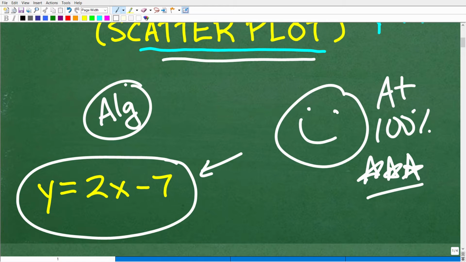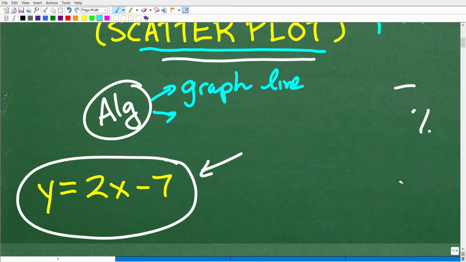Now, in algebra, before I get into the solution, I just want to talk about a couple quick things here. One of the key skills that you need to learn and master in algebra is how to graph lines. How to graph a line. So let me go and erase our little happy face here because I'm going to be doing a lot in this problem. I'm going to be explaining a lot, but some of you may not have studied this information yet, or maybe you've been away from math for a long time, but we need to be able to graph a line.